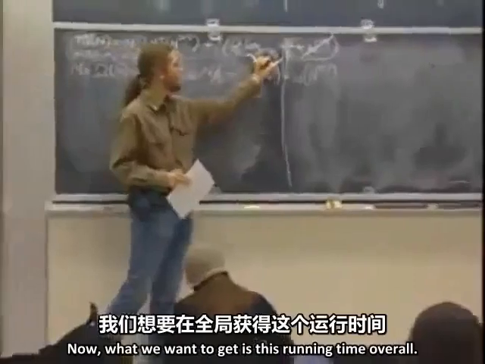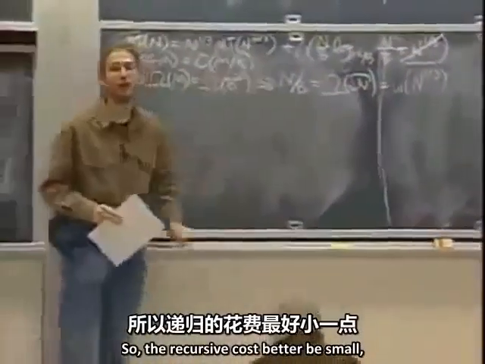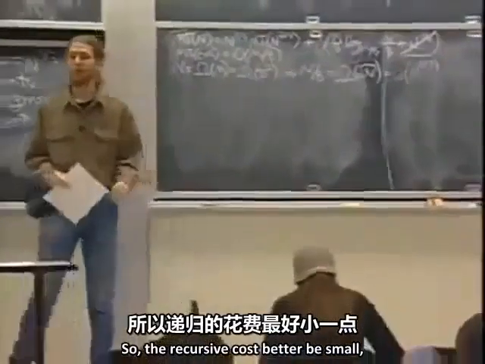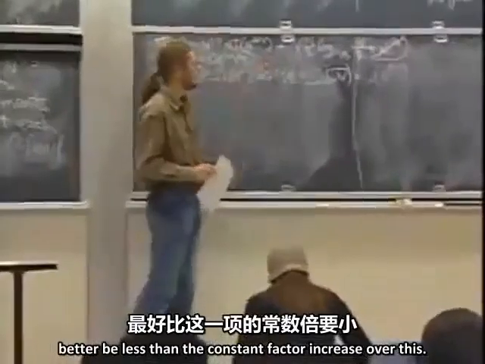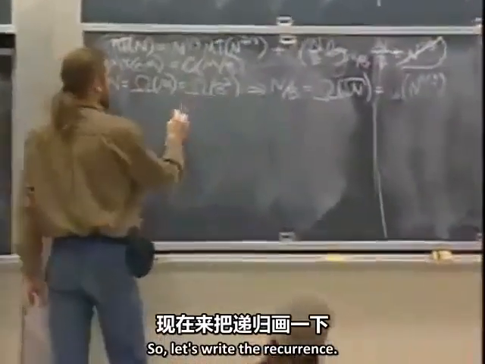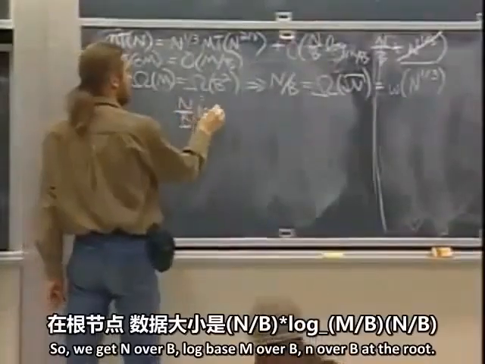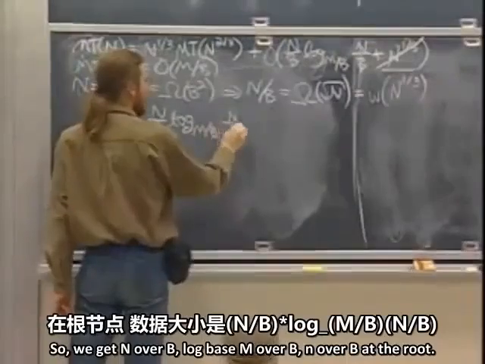Now, what we want to get is this running time overall. So the recursive cost better be less than a constant factor increase over this. So let's write the recurrence. We get n over b log base m over b of n over b at the root.